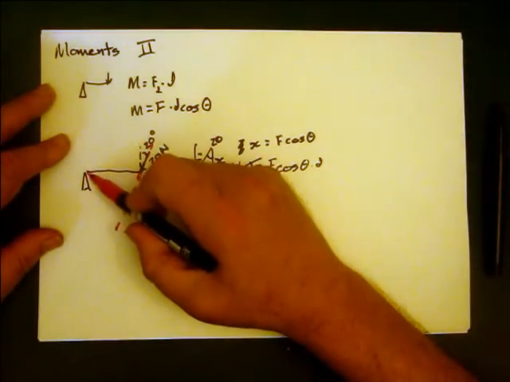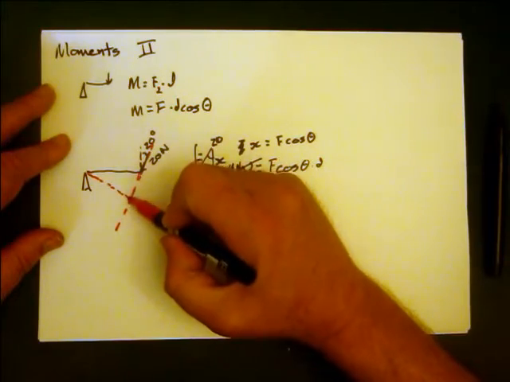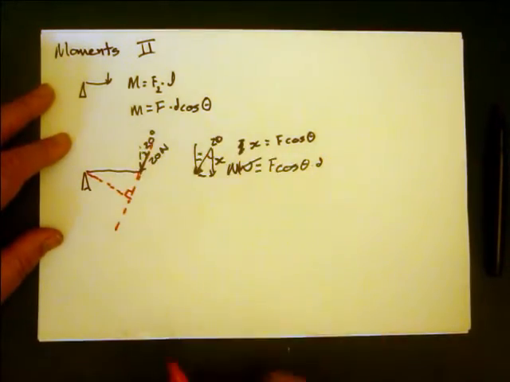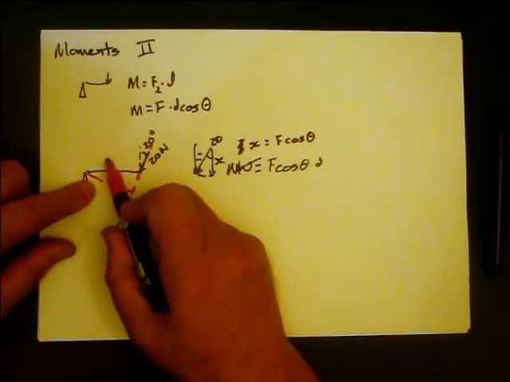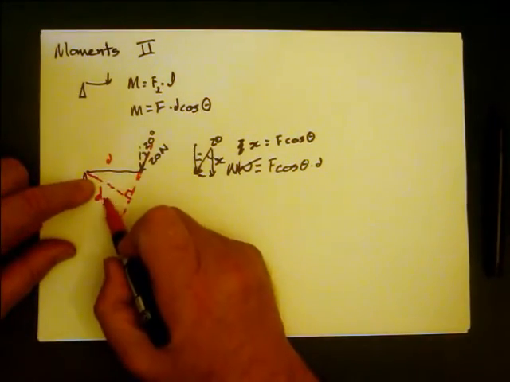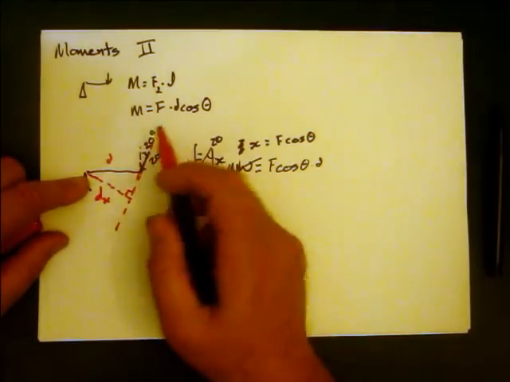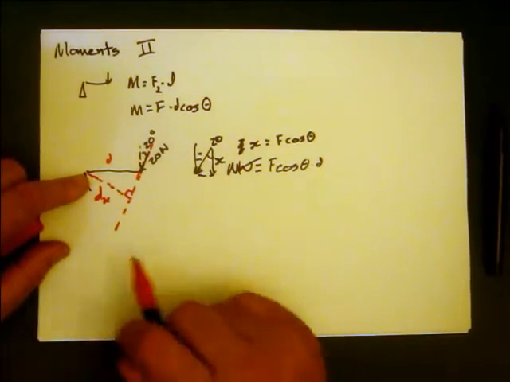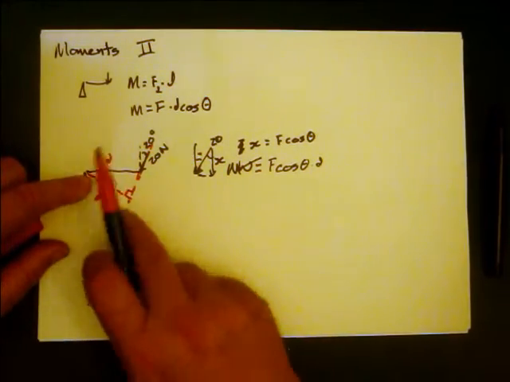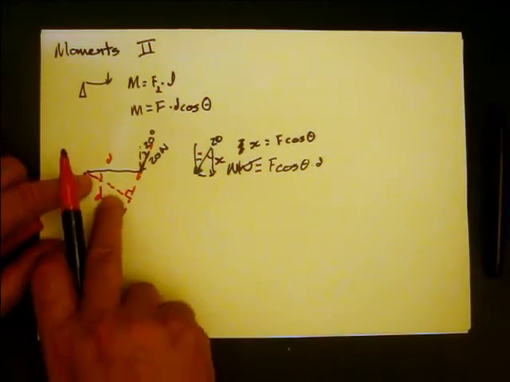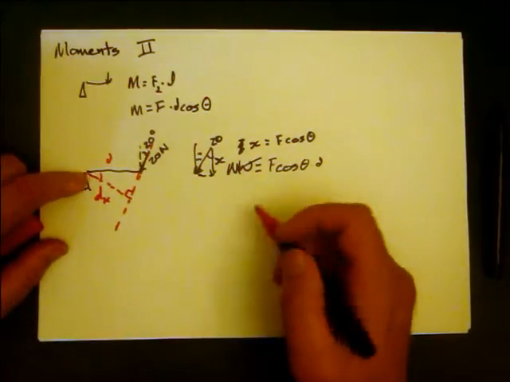Or I can say what happens if I extend this line, right? And if I want to find out where it's closest, it's going to be closest at tangent. So I can use this distance. This is distance x. How can I work out that? Well, if I take this angle here, this distance is going to be adjacent. The hypotenuse is going to be cos related to cos theta.